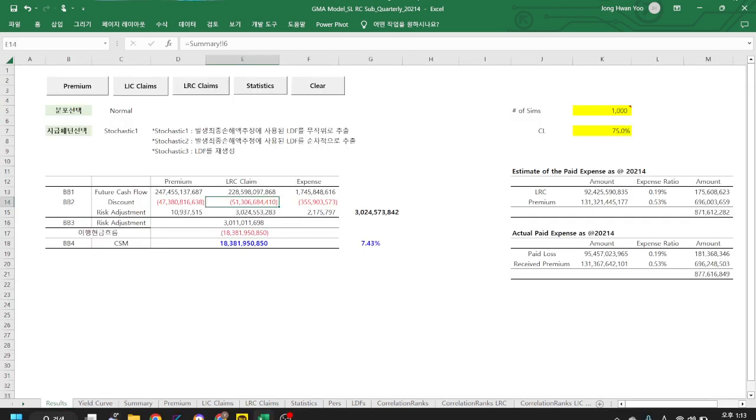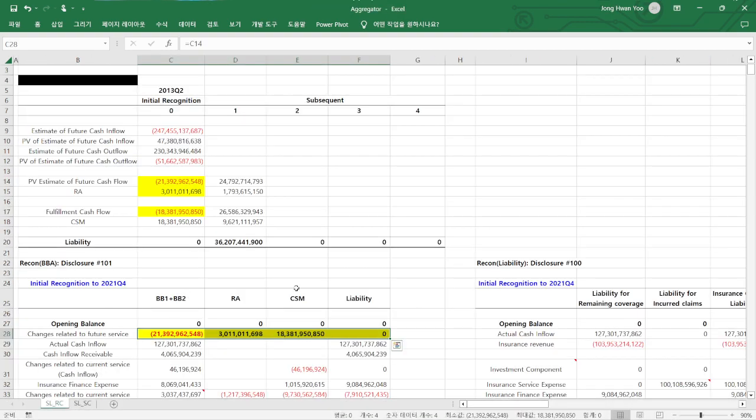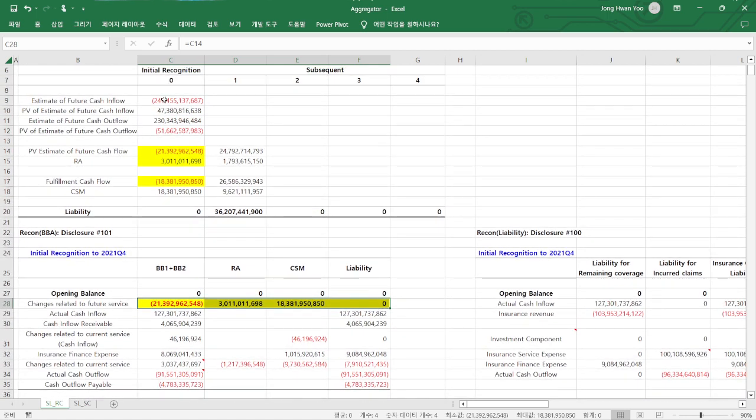And that number I have to aggregate into this table for disclosure. So those numbers are coming from here, and initial opening balance, and this is the initial recognition. And I have a fulfillment cash flow that is a negative value, which means a net inflow. So this is a non-onerous group of contracts.